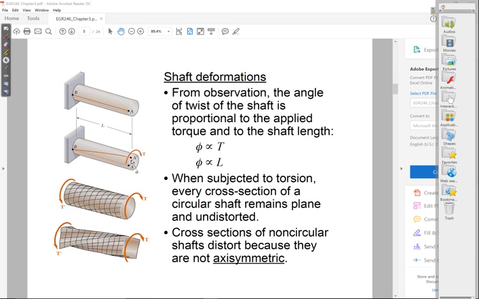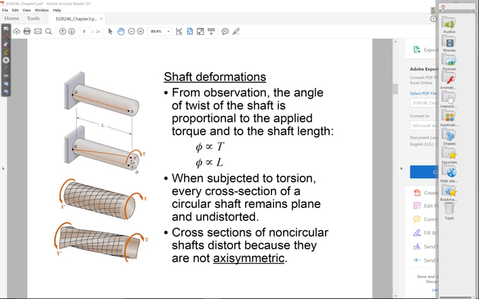So that's the first thing that's critical as far as trying to derive equations that describe a shaft under torsion. We need equations for shear stress. We need an equation for shear strain, and then we're going to apply Hooke's law in shear, and then somehow combine all those three equations to come up with an equation for the total deformation of this shaft.